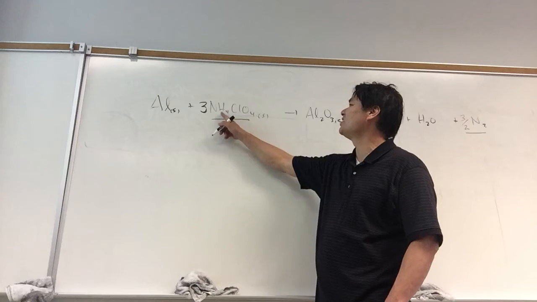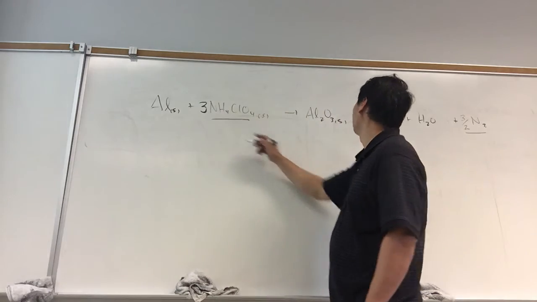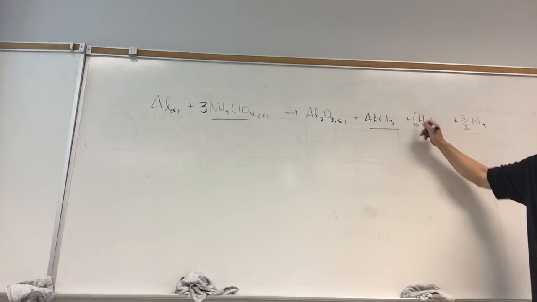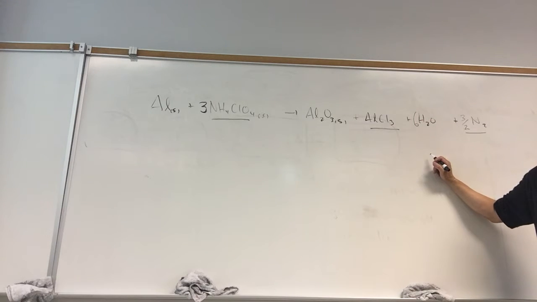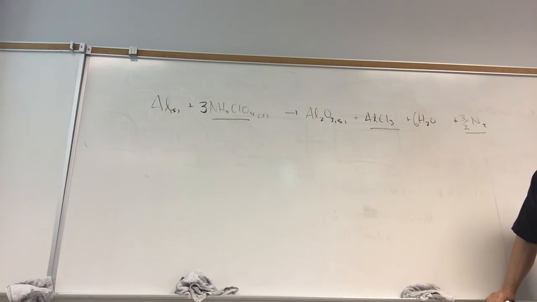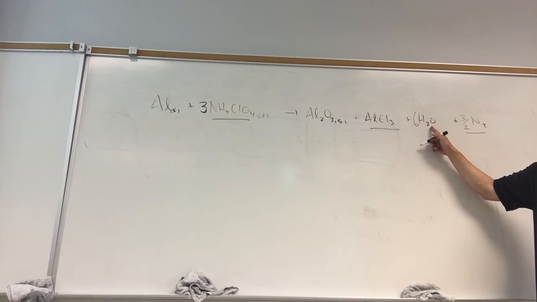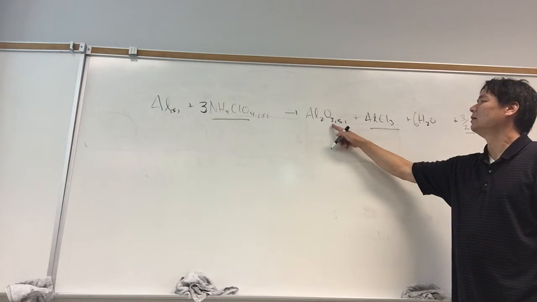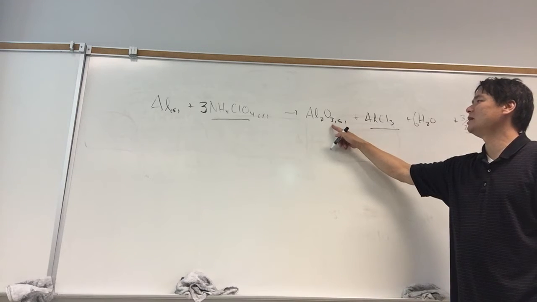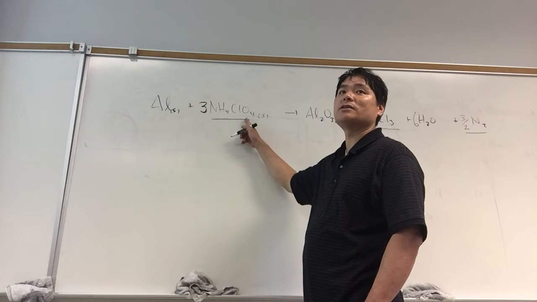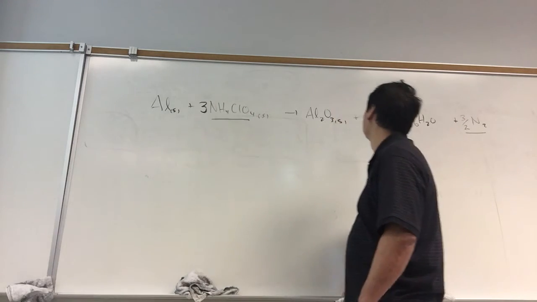How many hydrogens do we have? 12 hydrogens. Only place for hydrogens is here, so that's going to give me 6 here. So that's 12 hydrogens. Okay, that's going to give us 6 oxygens. 6 oxygens plus 3 gives us 9 oxygens. Over here I have 3 times 4 is 12 oxygens, so I don't have enough oxygens here.